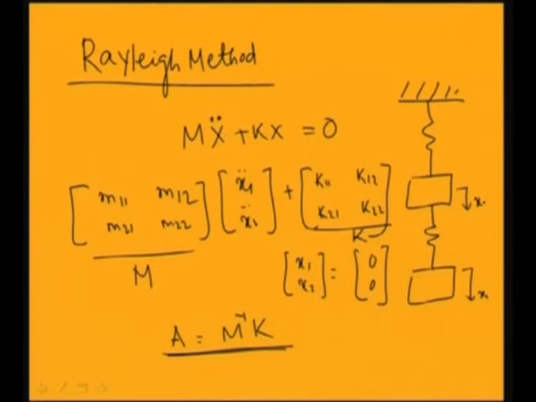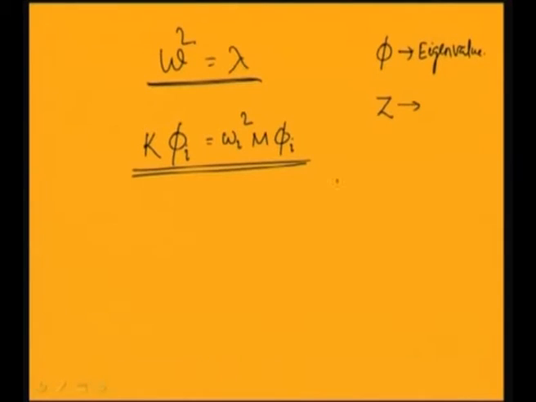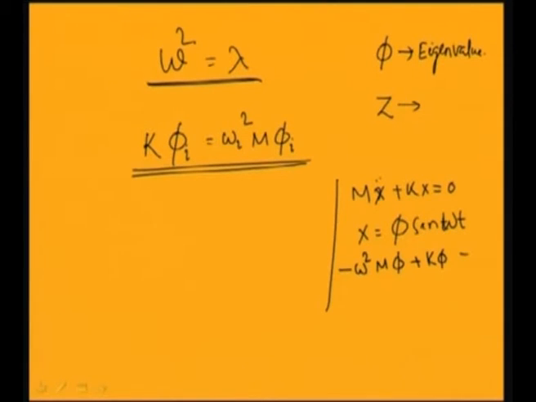So, x can be written as phi sin omega t, and by substituting this x equal to phi sin omega t into the equation m x double dot plus k x equal to 0, the equation becomes minus omega square m phi plus k phi equal to 0.